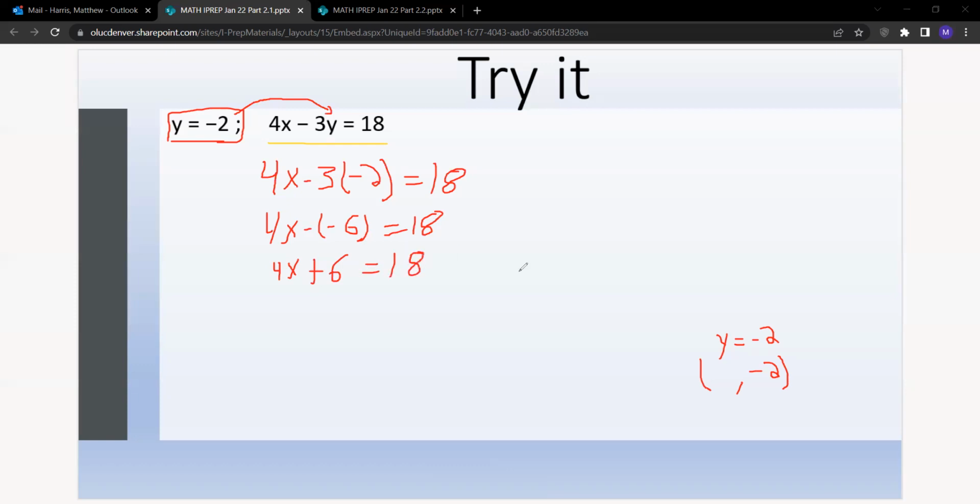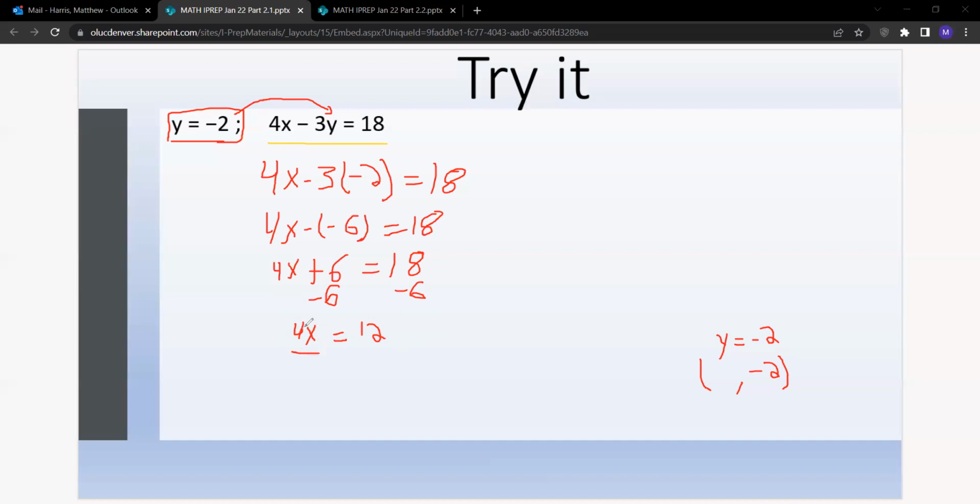Now we work through PEMDAS backwards, right? So we see if there's any addition or subtraction, and there is. So we have plus 6, so we'd flip that to minus 6, minus 6. So we get 4x is equal to 12. And then after that, we divide, right?